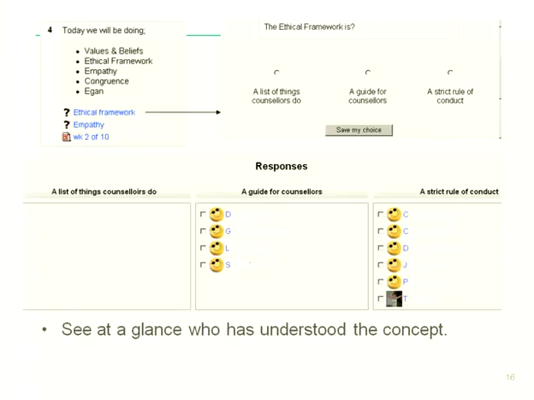You've got four who selected a guide for counsellors, and six who selected a strict rule of conduct. So as a tutor, you can see immediately who has understood and who hasn't, and you could use that to plan your recap or revision, or your one-to-one feedback to your learners on the diary. And if you have been tackling something that's quite tricky, a quick choice gives you very valuable information.